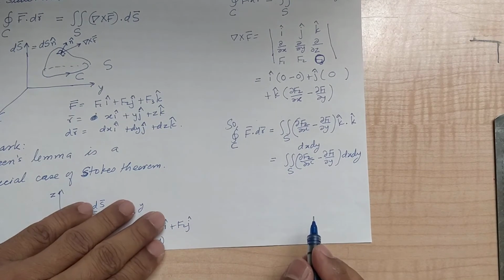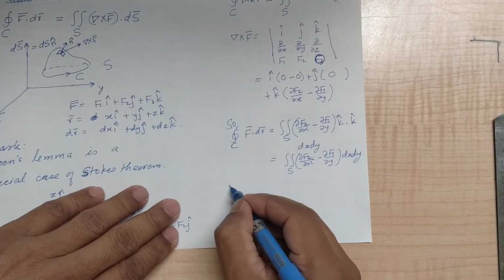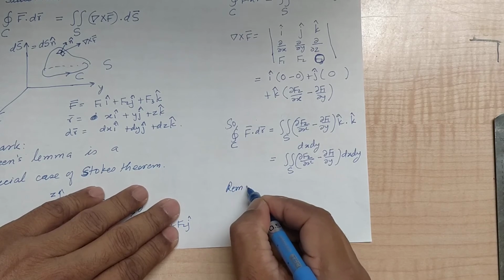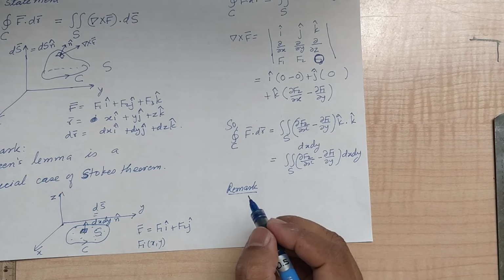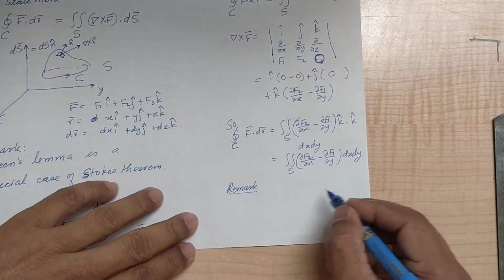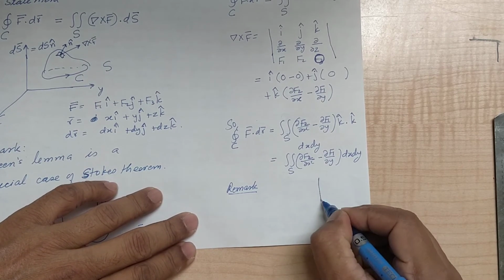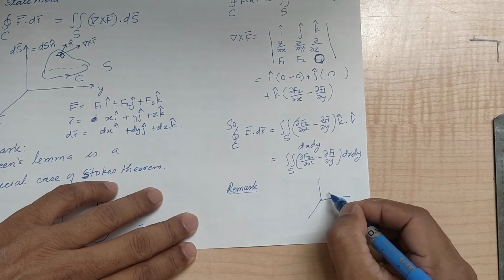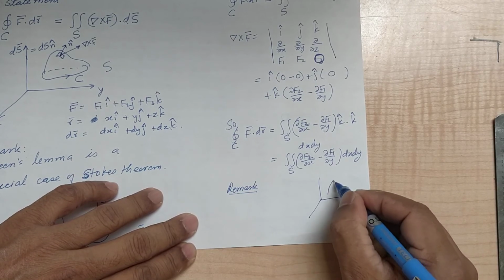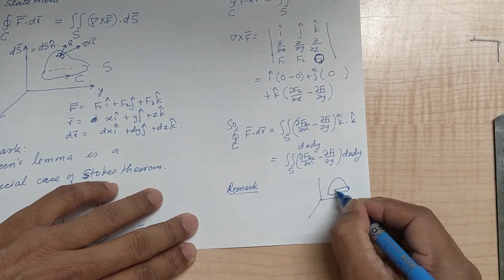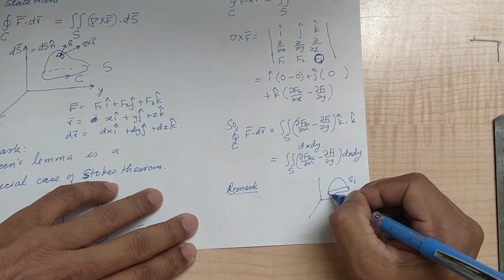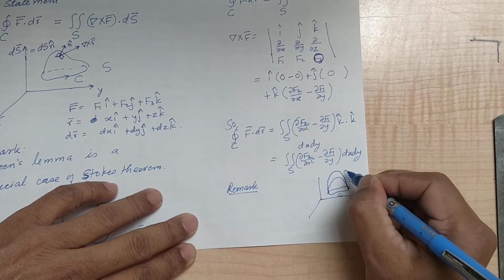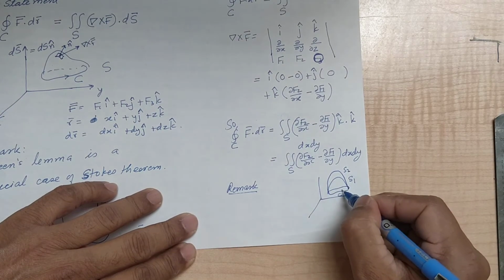I'll make one remark and stop. Now, suppose we have this situation. We have a surface and we have this bounding curve C, surface S1. Suppose there's one more surface, S2, with the same bounding curve.